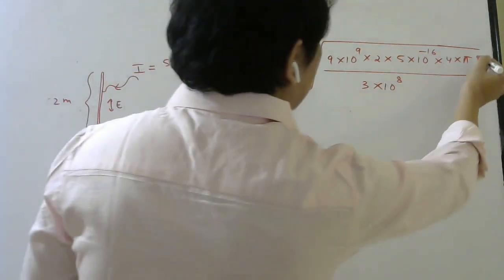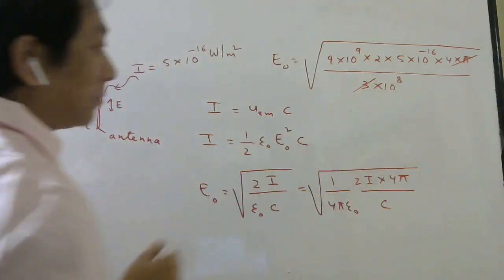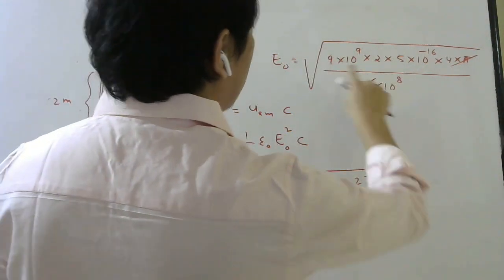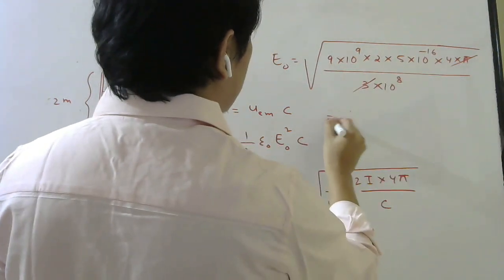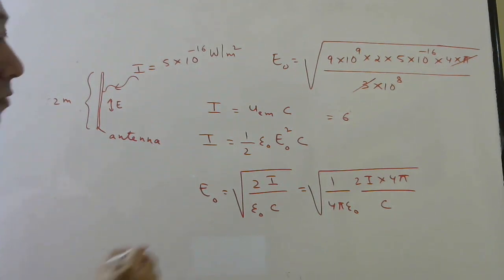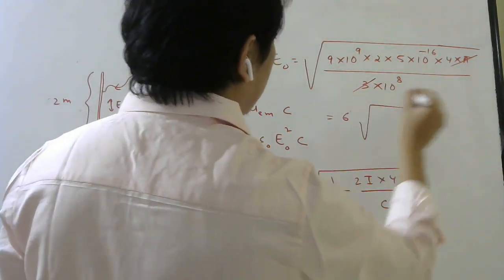So what I'll do, this pi and 3 I'll cancel. 2 5s is 10, I'll keep it here. 9 4s is 36. Root of 36 will be 6. So what will be left now under the root?